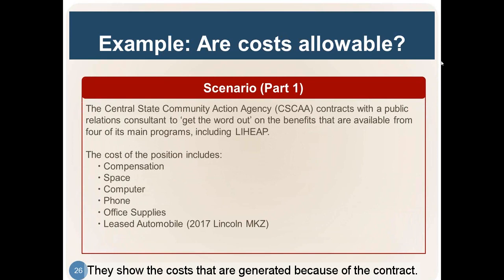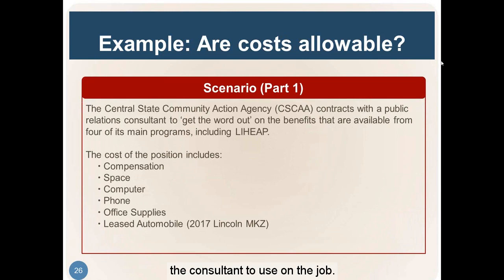They show the costs that are generated because of the contract, and the costs include compensation, the space used by the consultant, computers and phones used by the consultant, and office supplies, and then the lease cost of an automobile for the consultant to use in the job. And the automobile just happens to be a 2017 Lincoln MKZ.